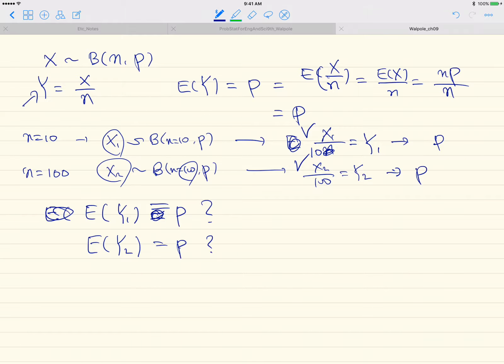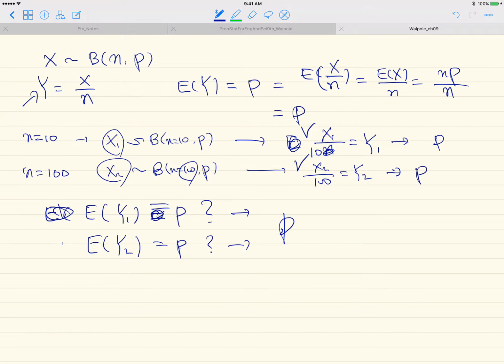So both of them are true, right? Their expectations are both the same as the true parameter value p. So that way they are unbiased.